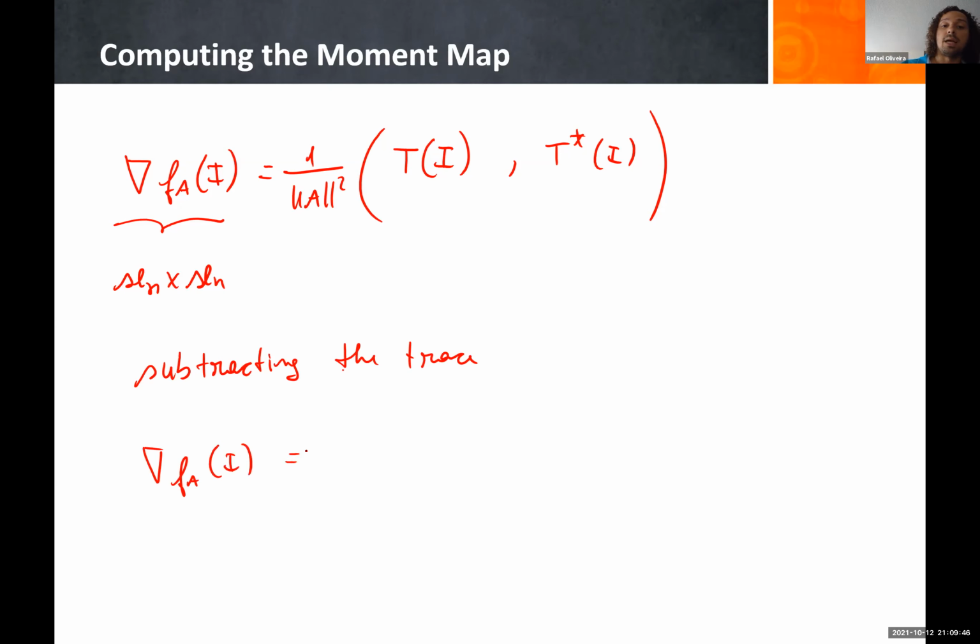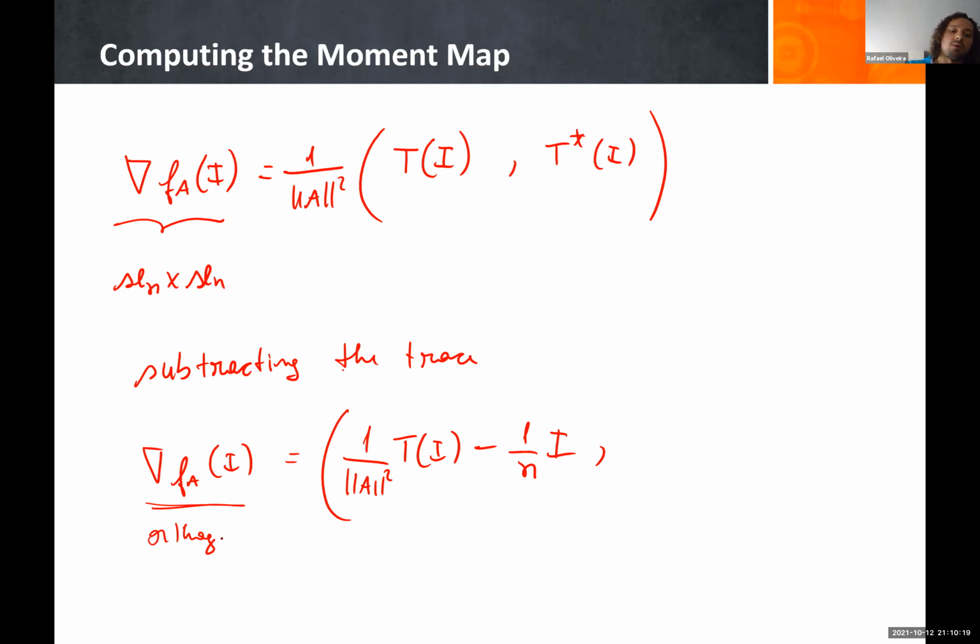You're going to see that this t of I has trace exactly 1 over norm of A squared, right? So then what we get is exactly 1 over norm of A squared times t of I. When you subtract the trace, you have to subtract something of trace 1, which is exactly the identity, right? Because orthonormal means that this vector here has to be orthogonal to the identity vector.